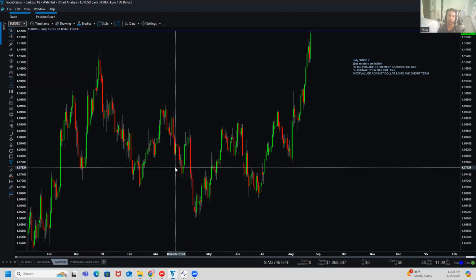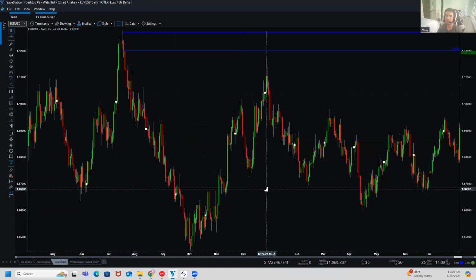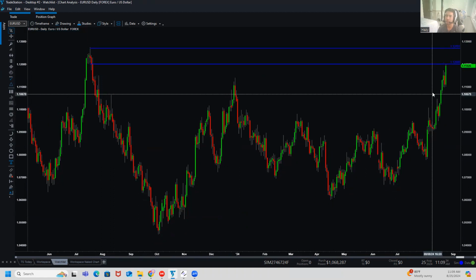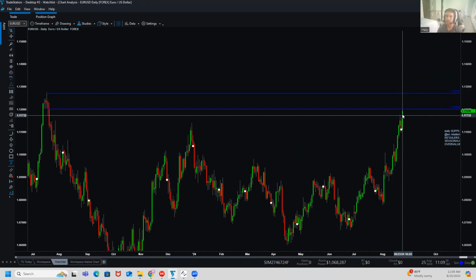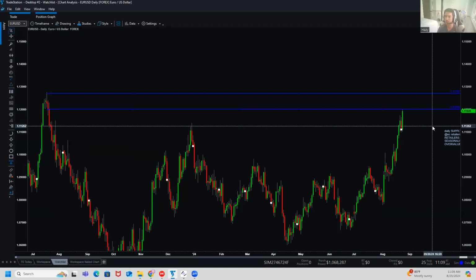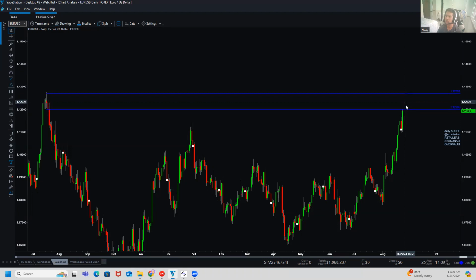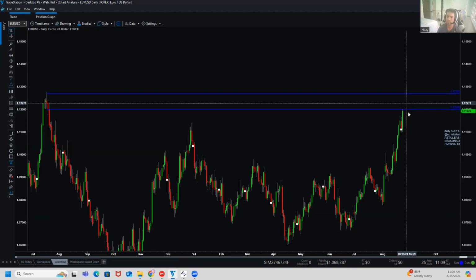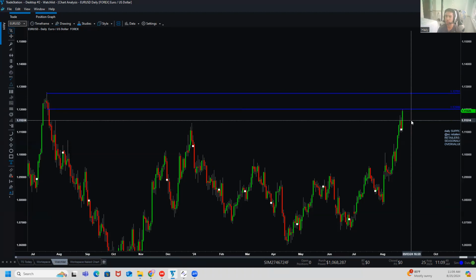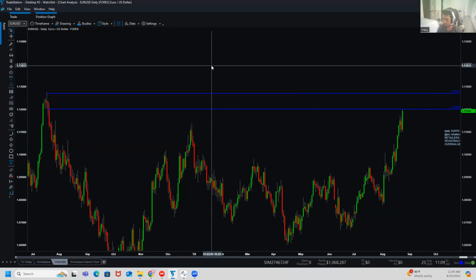For this market, we only have a daily supply zone, which price hasn't really touched. It touched the wider version, not the preferred version. So this week, I'm expecting a bullish move and maybe a candle with a large wick. That's what I'm expecting for this week.